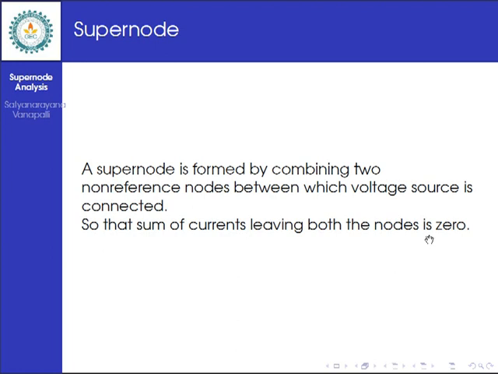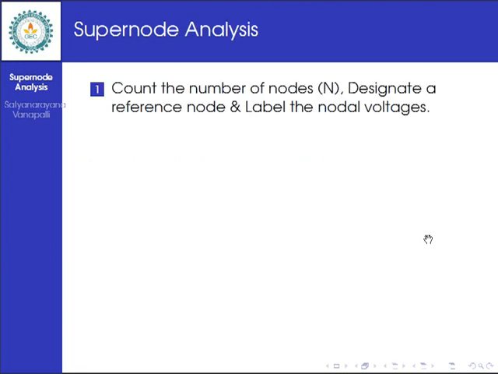Now we try to see how the concept of supernode is applied to finding out the unknown voltages of different nodes of a circuit. Before going into the application part, let me review the nodal analysis or the supernode analysis once again.